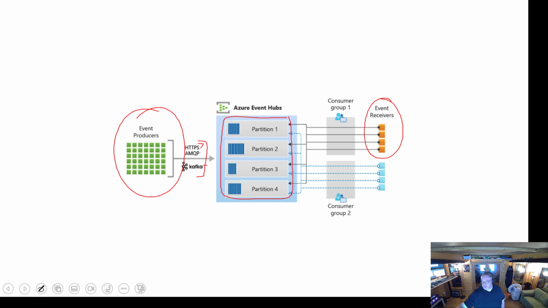In this case, let's imagine we've got our custom application, and I can have receivers that connect to a consumer group and read the different partitions to process the data. So partitioning lets me scale out receivers so I can process data faster as it comes in. I can have maybe one partition per receiver.